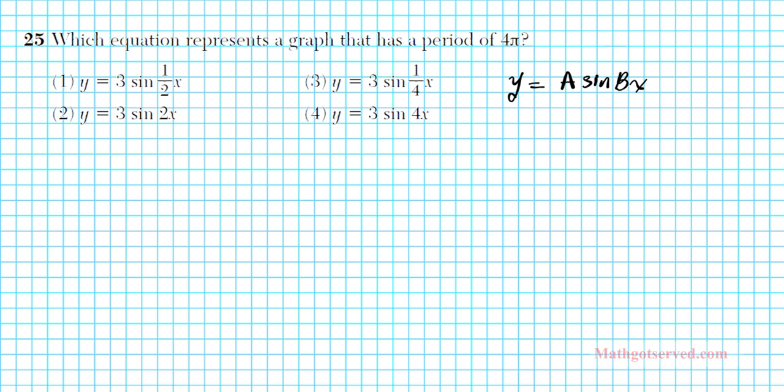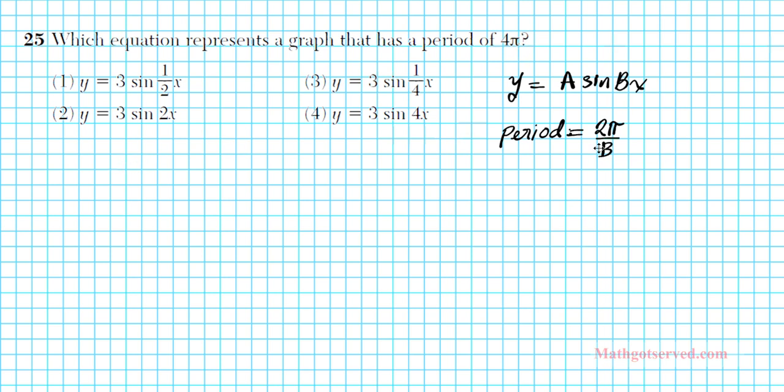If you have a trig function in this form, how do you find the period? Do you remember the formula to find the period? The period is 2 pi over b. Okay? So period equals 2 pi over b. So in this problem, we know that the period is equal to 4 pi.